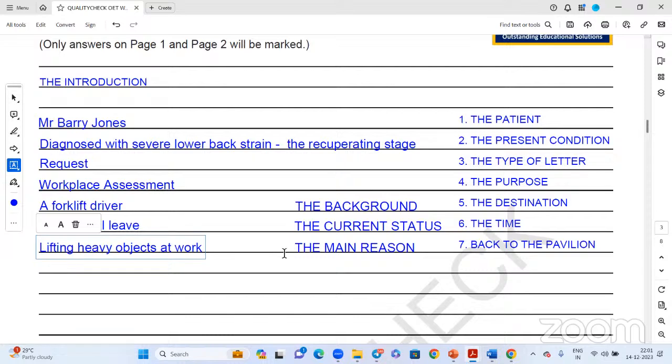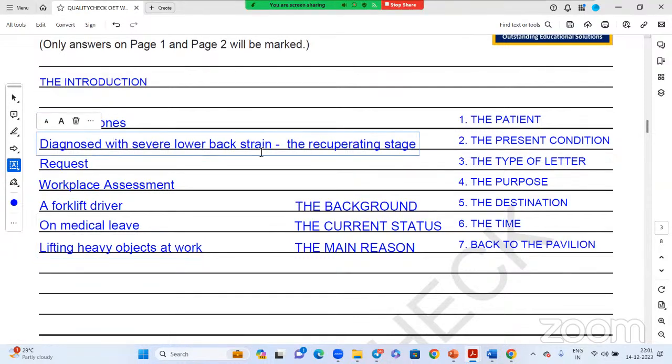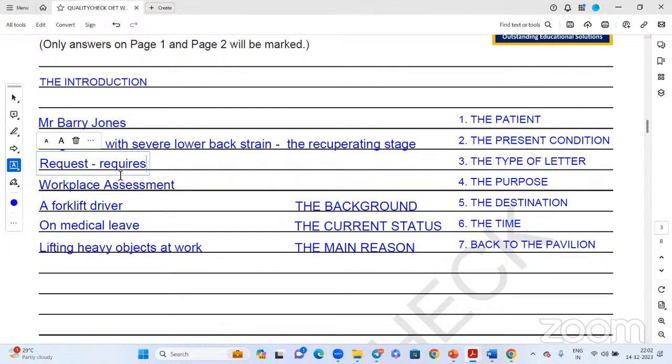So this is the way you have to write: Mr. Barry Jones, diagnosed with severe lower back strain, in a recuperating stage. And what does he require? He requires a workplace assessment. Request means requiring something, that's why you are requesting.